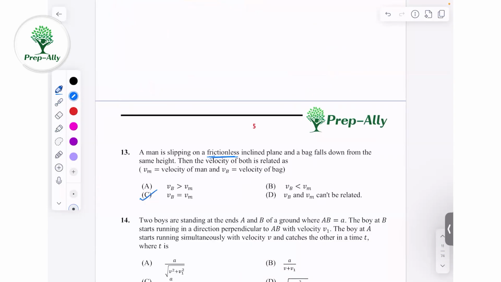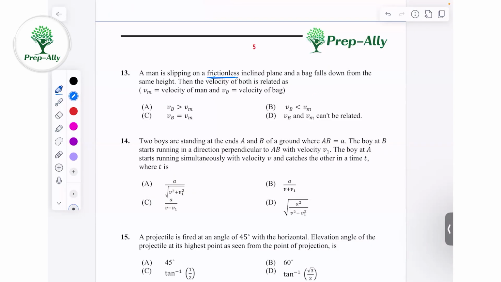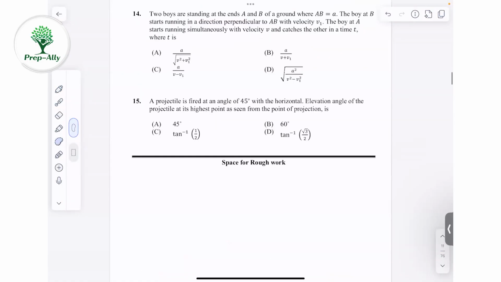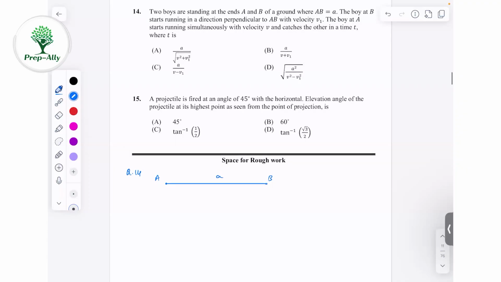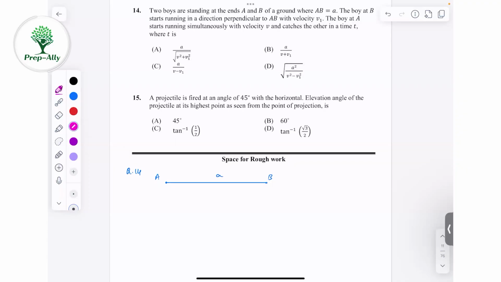Okay. Question number 14. Two boys are standing at the ends A and B of a ground where AB is equal to A. So let us draw what that would look like. Let us say this is point A, and from here this is, say, point B. And this length is some A. The boy at B starts running in a direction perpendicular to AB with a velocity v1.